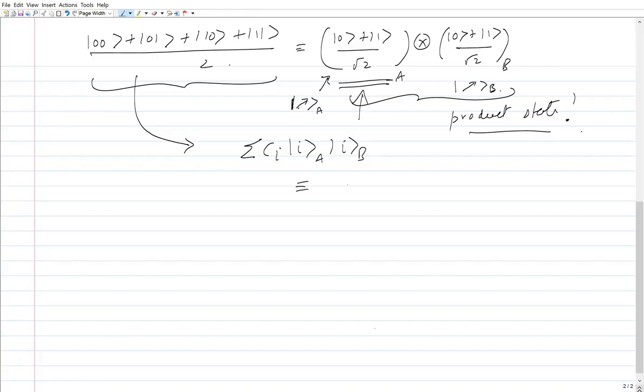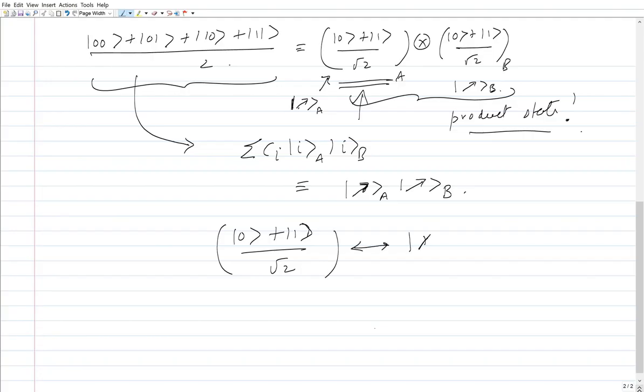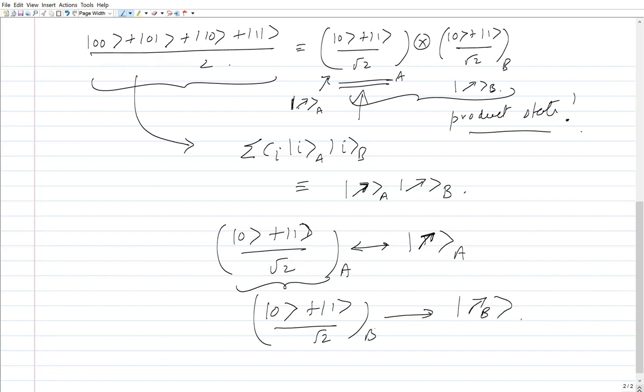So this state is nothing but this particular one, where I have relabeled my quantum states. I'm just relabeling and denoting this particular state as this vector, and similarly for system B, I'm denoting this particular state, sorry, this is A, as this vector.